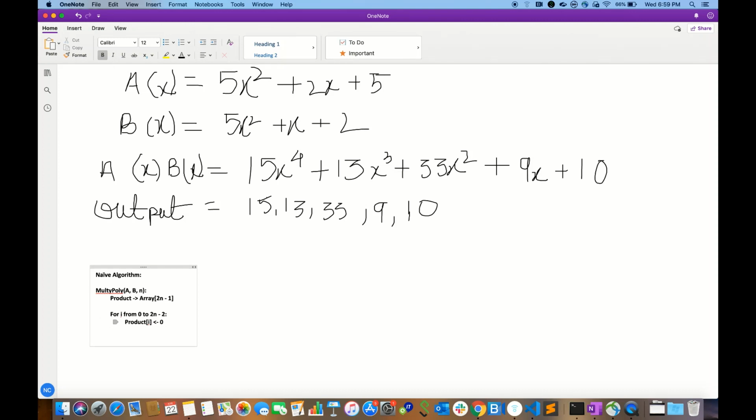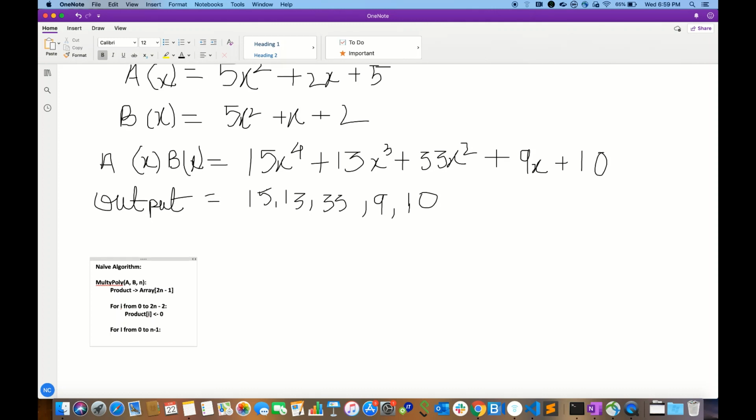Now the first for loop will be for I from 0 to n minus 1. So in this for loop we will be creating all the combinations that a particular index can have, for j from 0 to n minus 1.